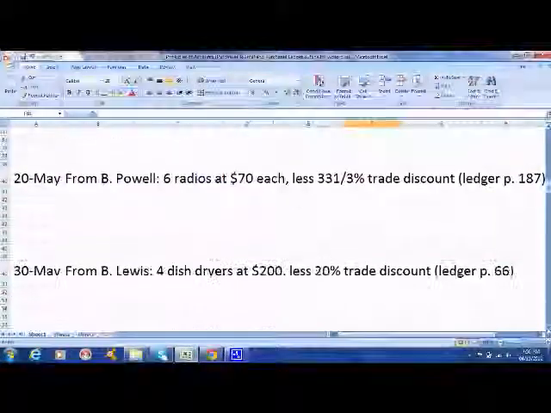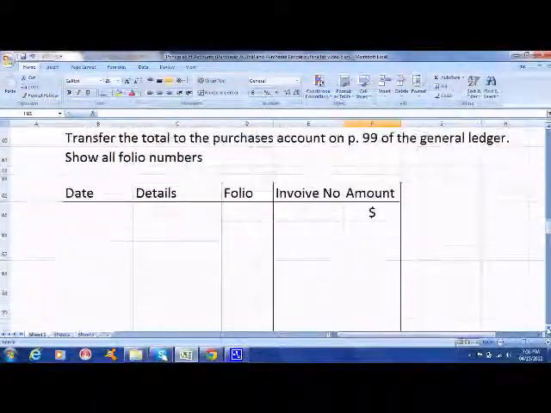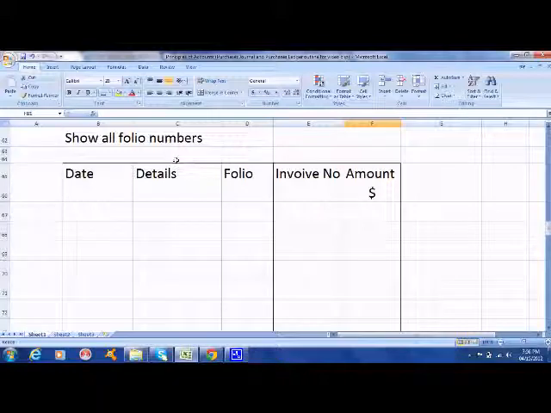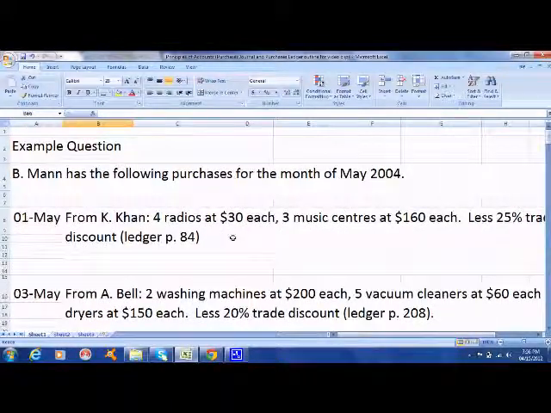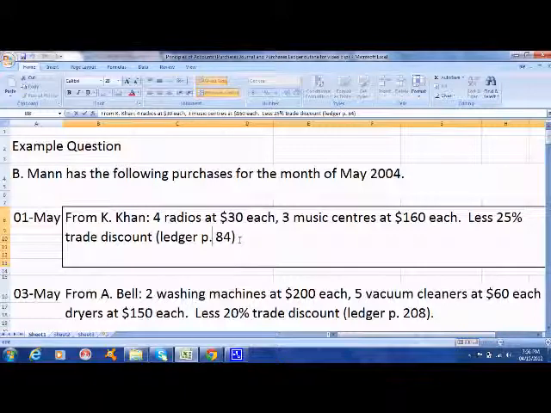Then he said that you must less 25% trade discount. Firstly, you're going to find 25% of the 600. 25% times 600 will give you 150.